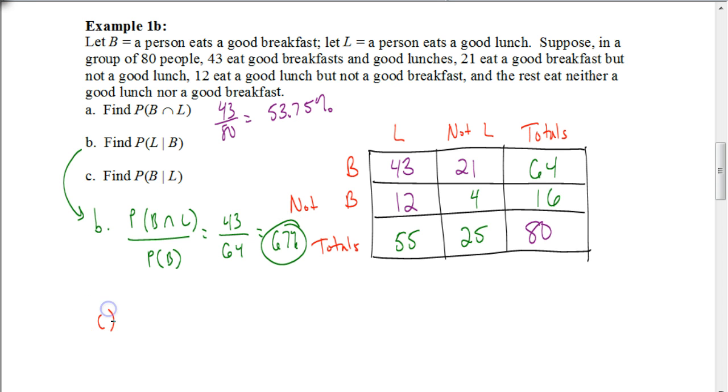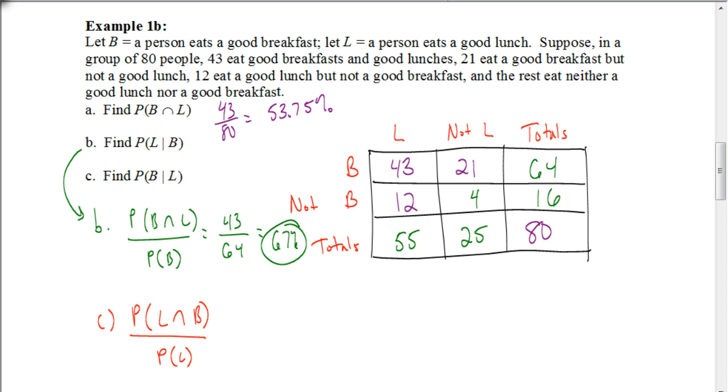And lastly, in part C, find the probability of B given L. So again, in the numerator, we're going to have the probability of the intersection of eating a good lunch and eating a good breakfast over the probability of what we're given. In this case, what we're given is the lunch.